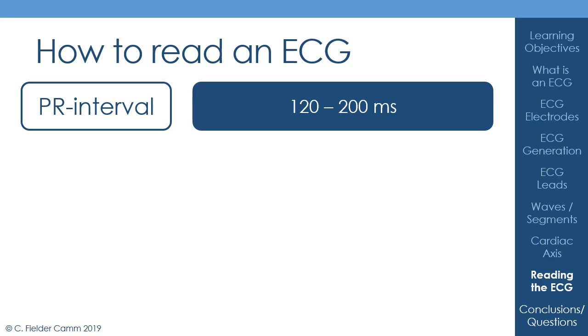And our normal duration for the PR interval, so the P wave plus the PR segment together, is 120 to 200 milliseconds. Now, each small square represents 40 milliseconds, and so that's 3 to 5 small squares.